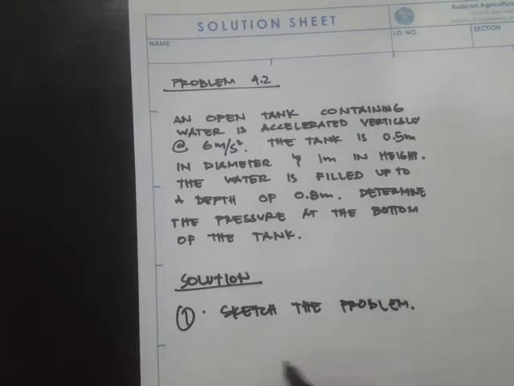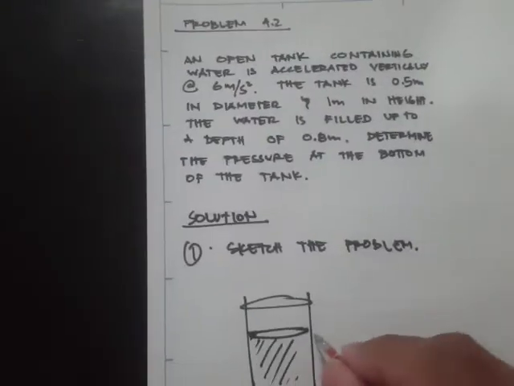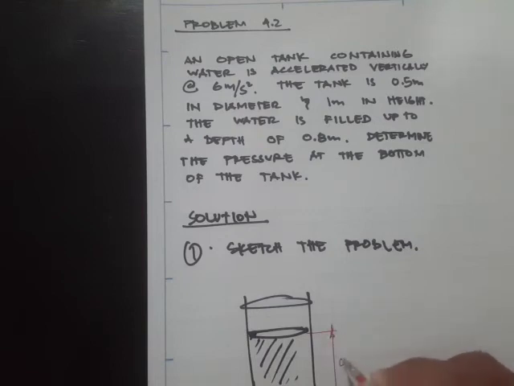The problem says we have an open tank filled up to 0.8, and this is water. Let's label the dimensions. We have 0.8, and this is our free surface.